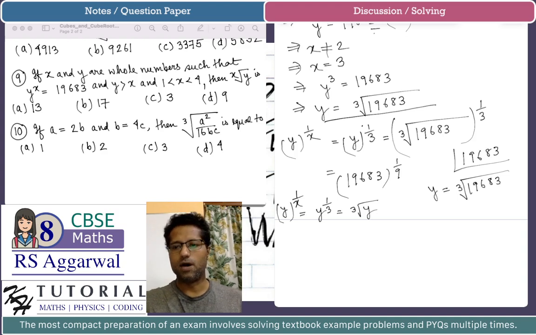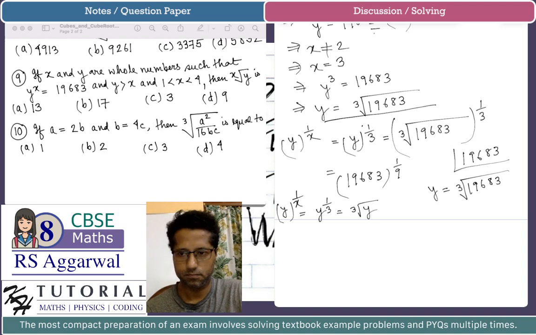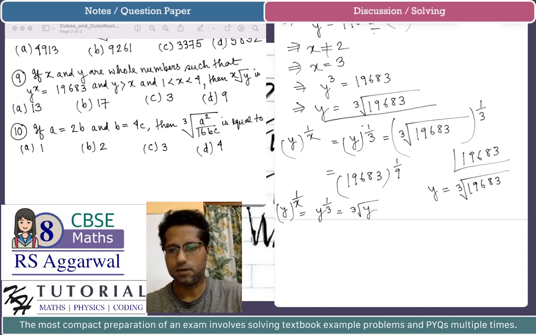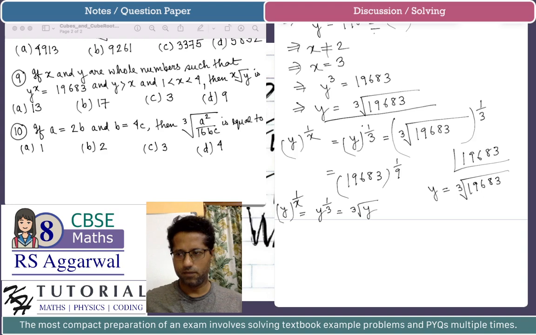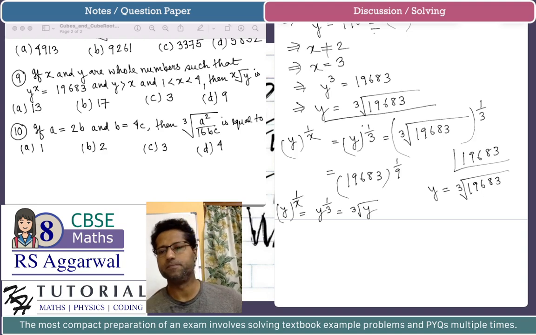A number which ends with 3, its cube root has to end with 7, because there is no other digit whose cube ends with 3. That is, 7 into 7 is 49, and 49 into 7 will end with 3.